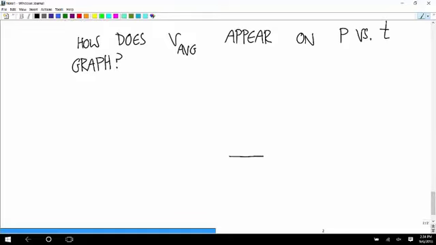So let me just draw a made-up position versus time graph. T on the horizontal, P on the vertical.